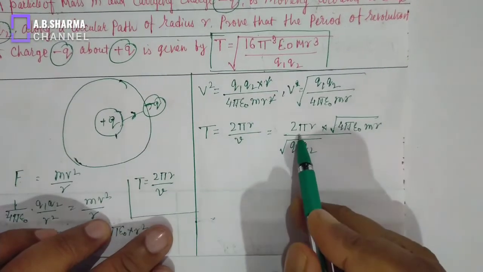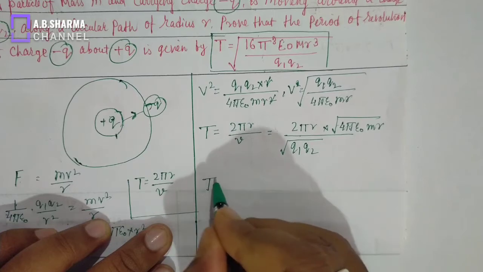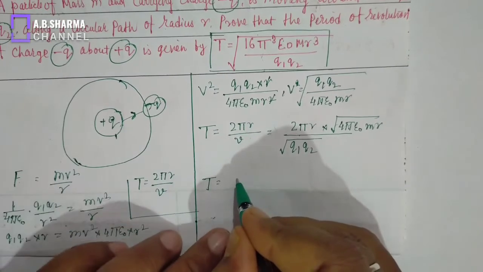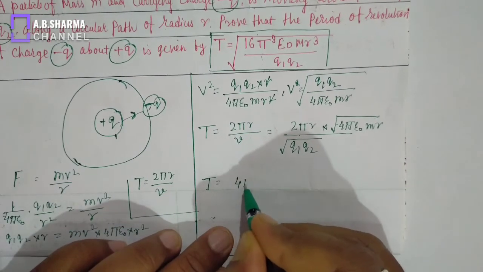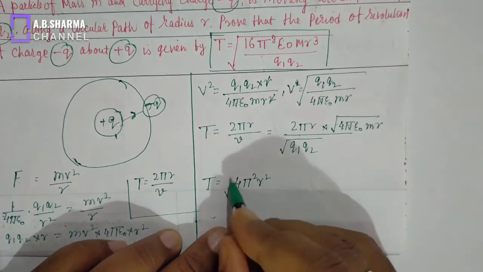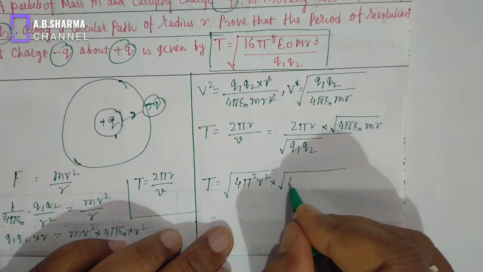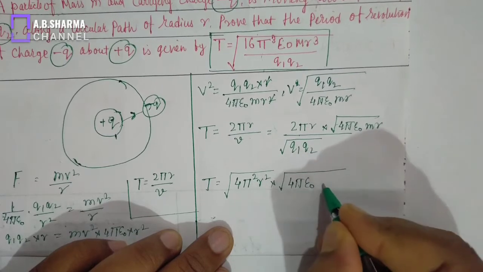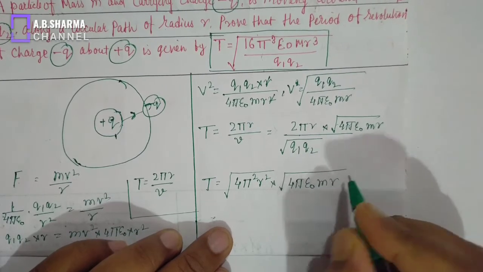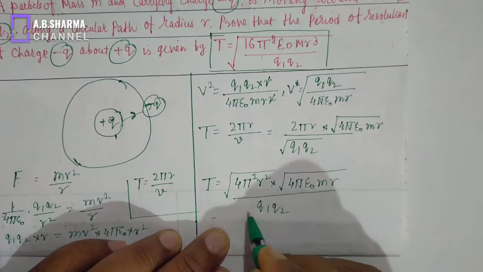If this expression is taken into the square root, then what happens? This becomes 4 pi square r square into 4 pi epsilon naught m r divided by q1 into q2.